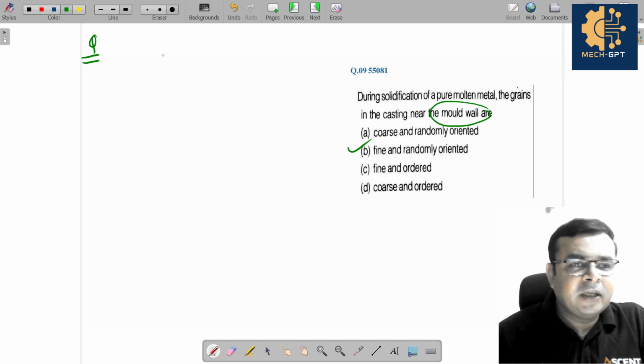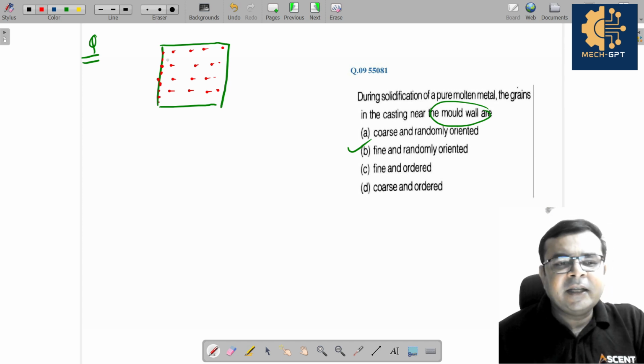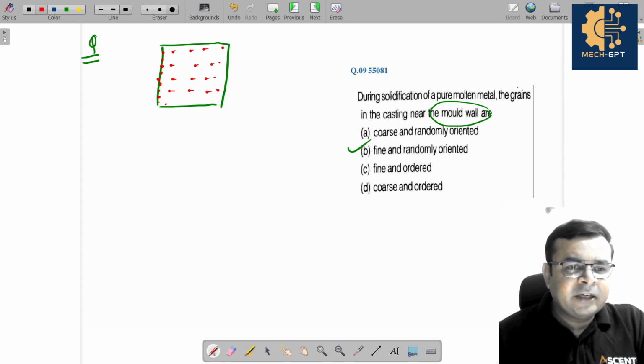Because if I say this is the mold cavity, and when you pour the molten metal inside the mold cavity, the metal which is directly connected with the sand wall, due to very huge temperature difference, can rapidly cool and freeze.